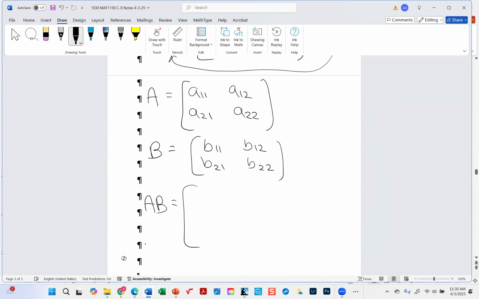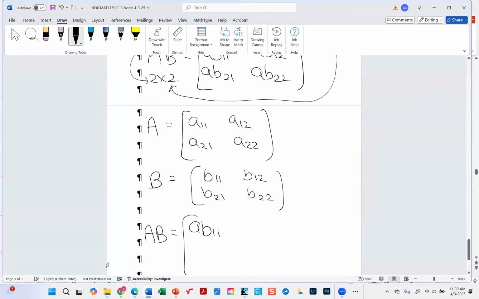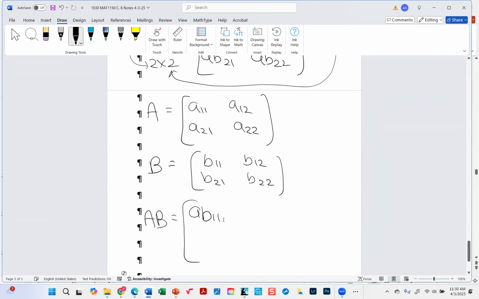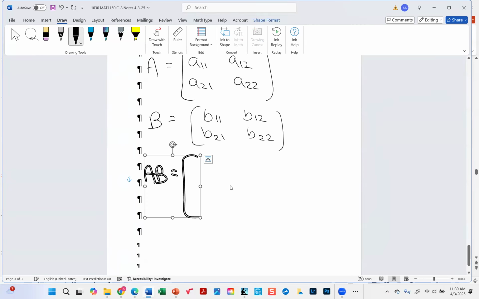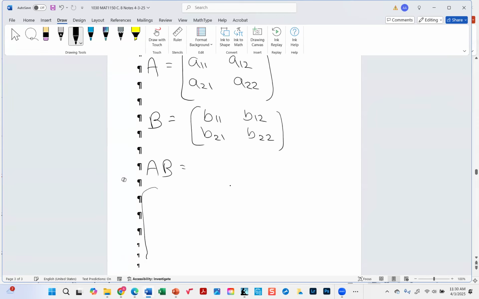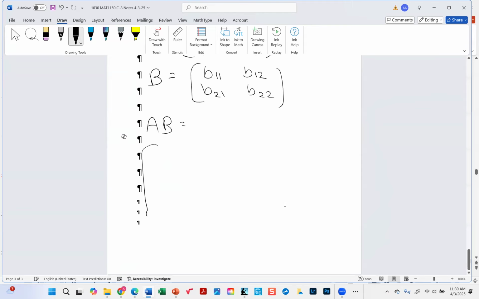The first element, I'm going to call it AB11, so that I know that this is the product that we find in the first row and first column. I don't think I have enough room to do it like this. Hold on one second. This is going to take up a lot of room. So AB, I'll write it like this. And this is with the 2 by 2.